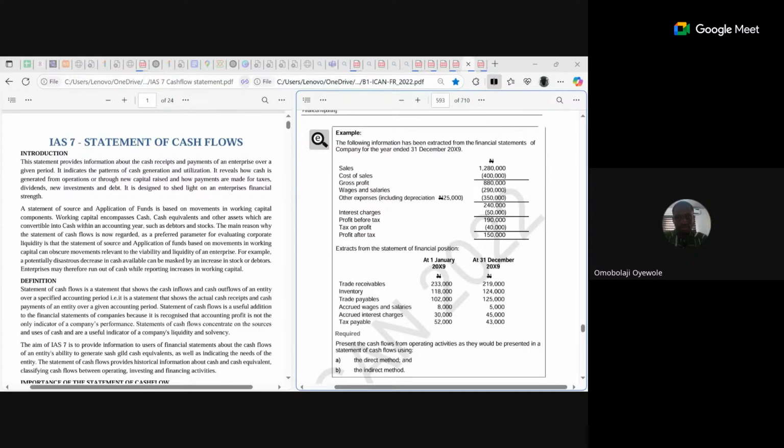So now we'll use that question, we'll solve that question just for the operating activity alone. So we'll see how everything we have been explaining can be put into practice.